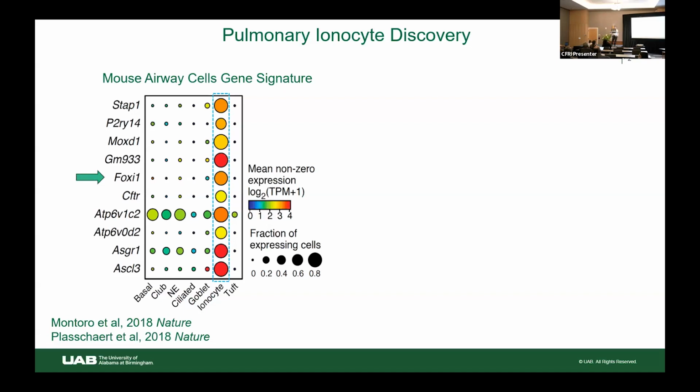Some key features of pulmonary ionocytes include the key transcription factor FOXI1 gene being required for ionocyte specification, and also a key finding: the cystic fibrosis gene CFTR is highly enriched in ionocytes. There are also other ion transporters, like ATP6V family proton transporters, in pulmonary ionocytes.